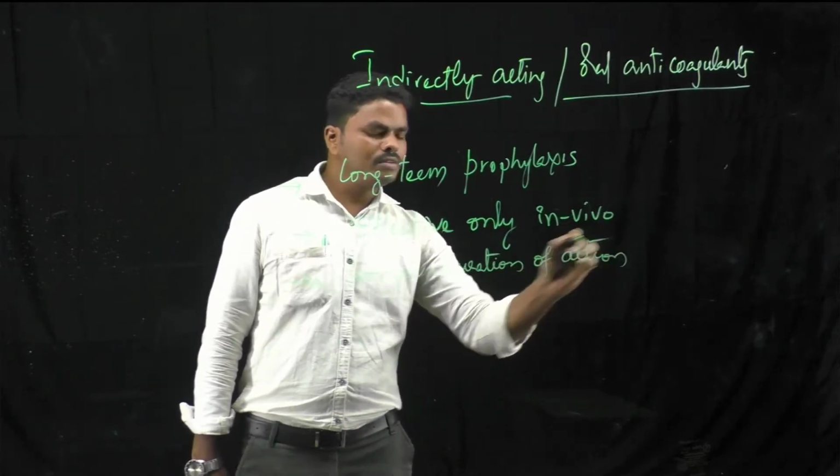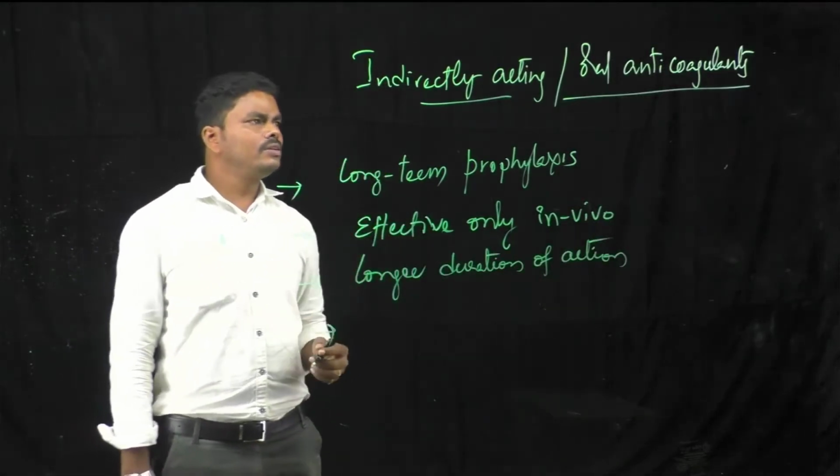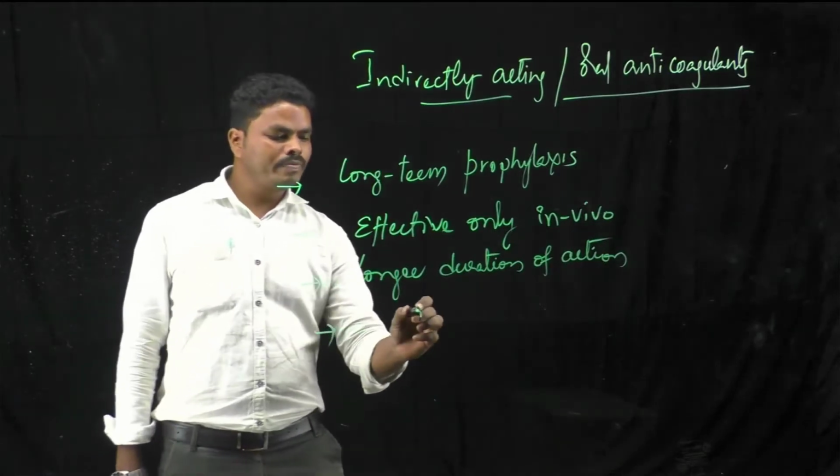So the plasma half-life of these oral anticoagulants is about 8 to 12 hours.